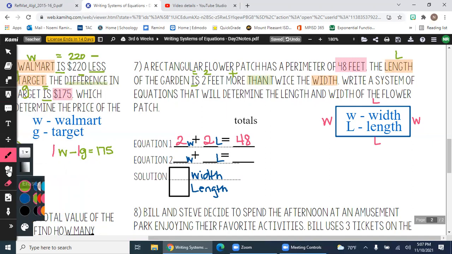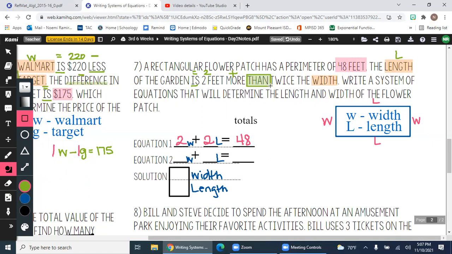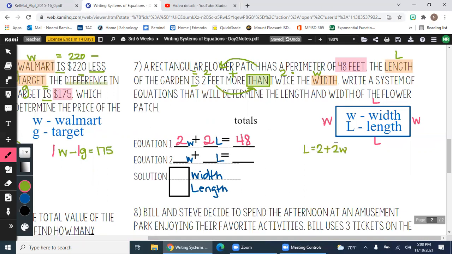So that lets us know that we're going to have to flip this one. Okay, so I'm going to bring that over and bring this back. Twice the width, so 2 times the width. Let's pull that out first. So L equals 2 plus 2W.